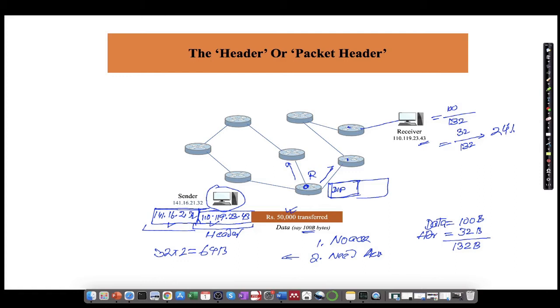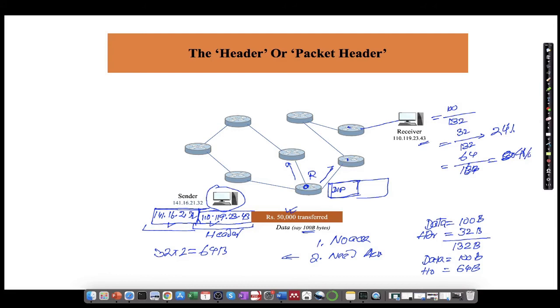The data remains the same, 100 bytes, and the header becomes 64 bytes. So the overhead will be around 64 bytes divided by 164, which is approximately equal to 40% overhead. That is higher than the previous one.